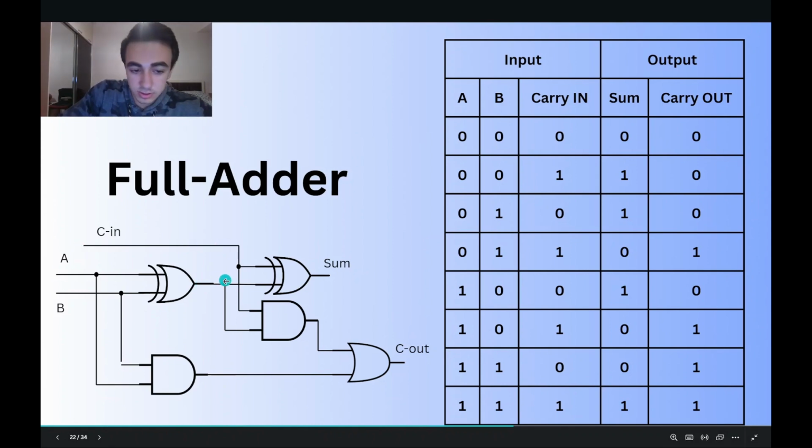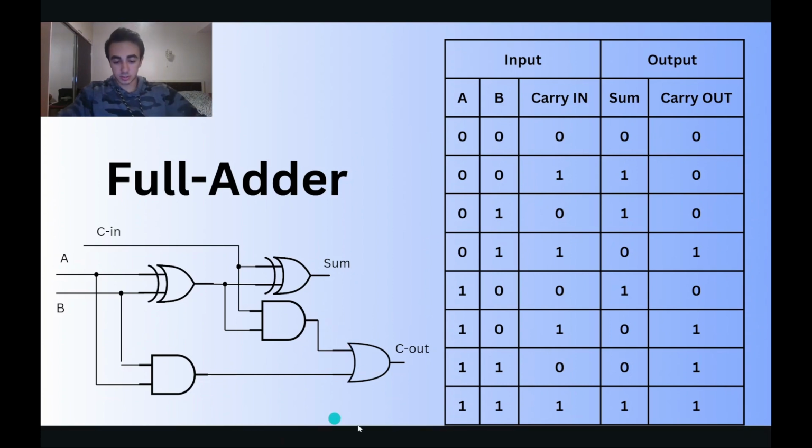But here the XOR output is 0, and carry in is 1. The AND gate outputs 0 because the XOR output is 0. And recall that here we got 1 and here is 0 coming. The OR would output 1. The carry out for this whole operation is 1. So you see that this circuit is performing very well and perfectly matches our operation.